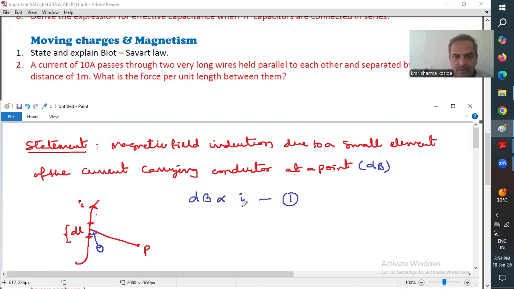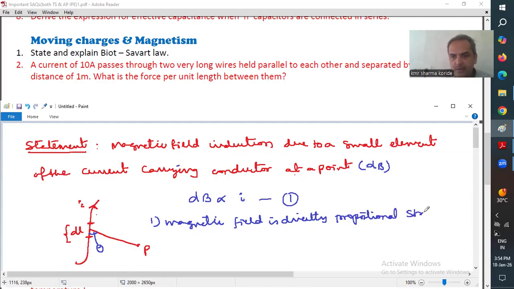Magnetic field induction is directly proportional to the strength of the current.